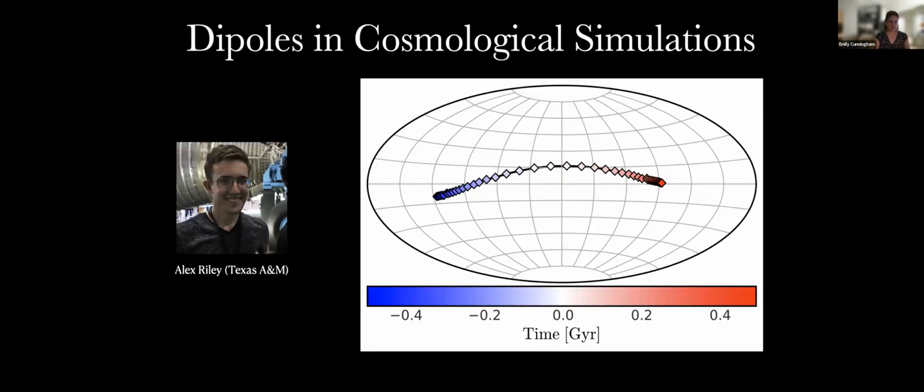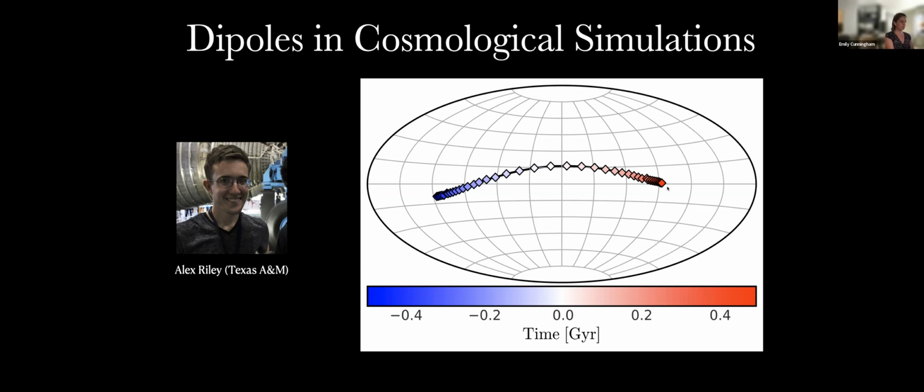And so what Alex is finding is that he's looking at the magnitude of a velocity dipole measured over time, where white is its pericentric passage, red is into the future, and blue is into the past. So this is the orbit of the LMC analog.